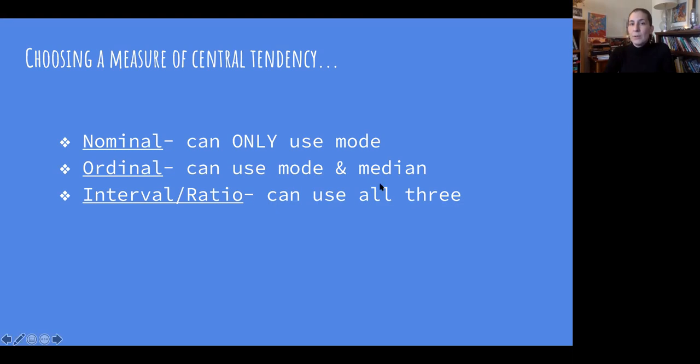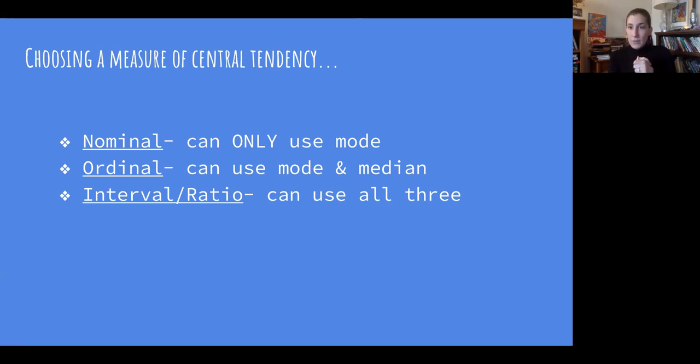That might be my mode. But then if I line everything up, maybe the most people said strongly agree, but then a lot of people were dispersed between neutral and disagree and strongly disagree. And I'm going to wind up having my median, whatever's in the middle, be something else, be agree or be neutral. Okay, so ordinal can use mode or median.